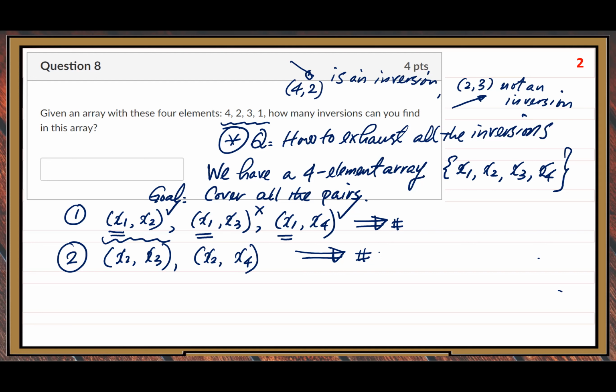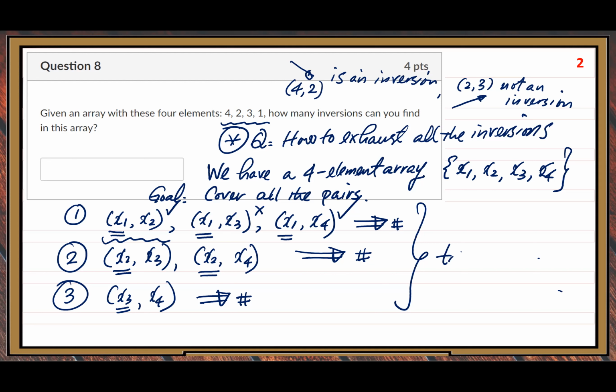The last case, case number 3. Here I put the anchor element x3, and the pair x3, x4, only one case. Is it inversion or not? You get another counting number for the inversions. Then you add them up. 3 numbers adding together, you get the total number of inversions.